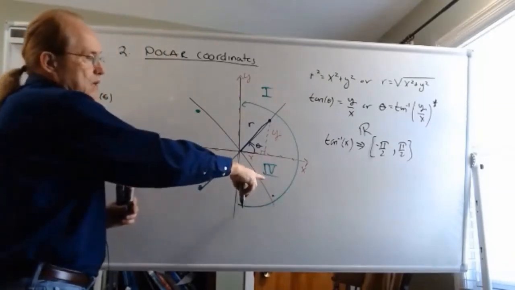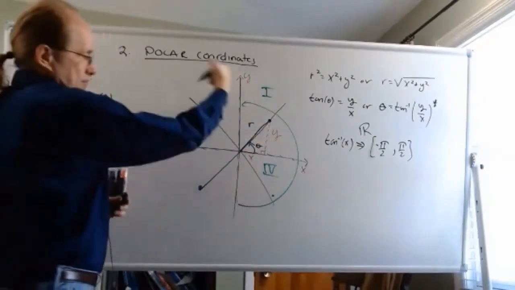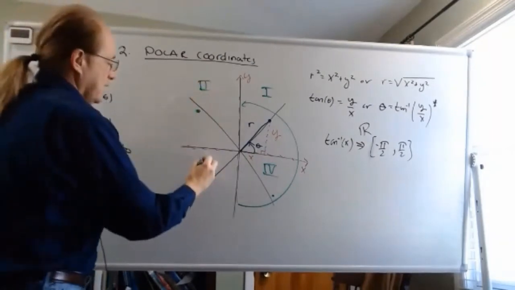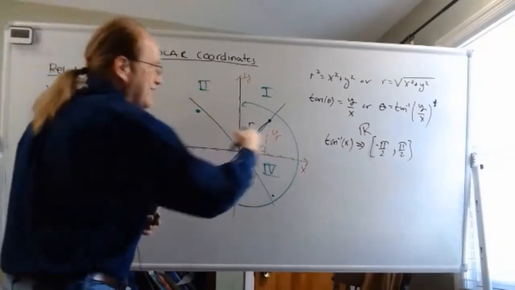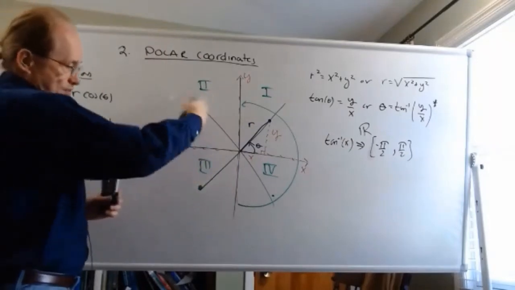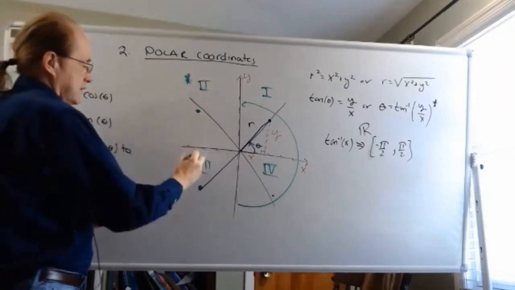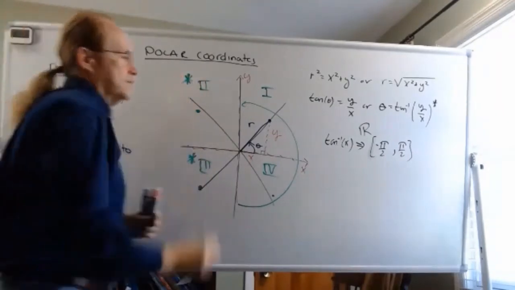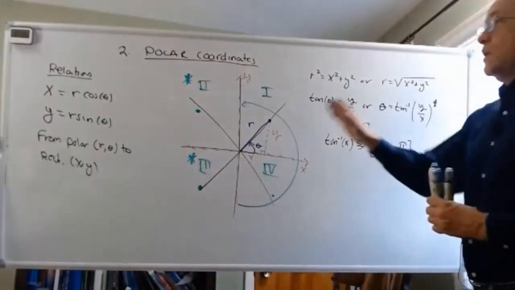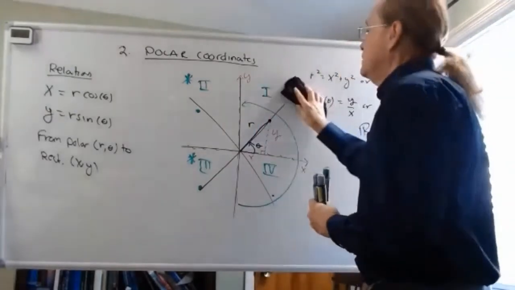Even in quadrant 4, you can use a negative angle. There's nothing wrong with that, but sometimes you might want that positive angle. But if it's in quadrant 2 or 3, because the arctangent's range is not in that range of values, I have to do extra work. So here and here is extra work that you have to do. So that's what makes it a little more awkward. So in addition to those relations, I now have these relations.